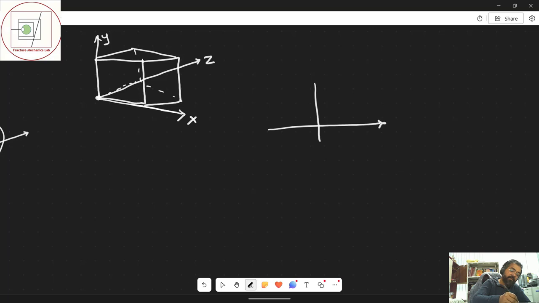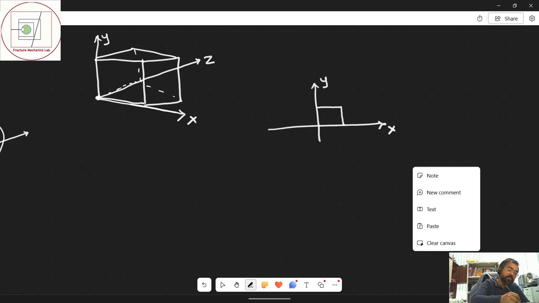If I look at this in the xy plane, then for equilibrium to be maintained, there should be no translation and no rotation on this cuboid. So for that I need the forces in all directions to equal 0.